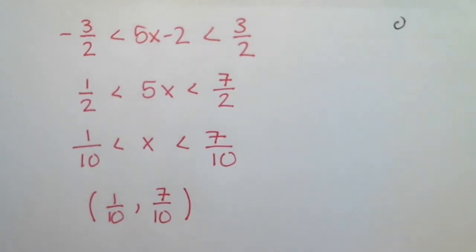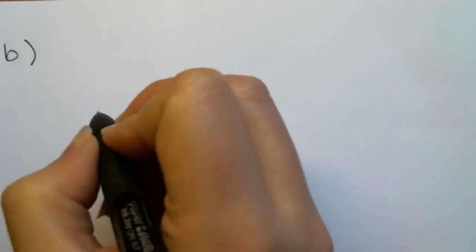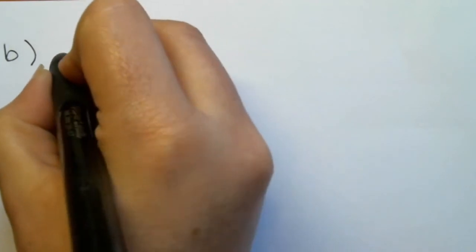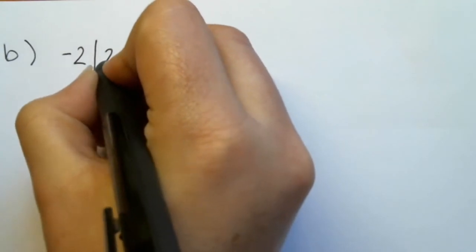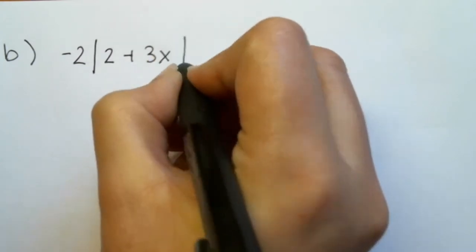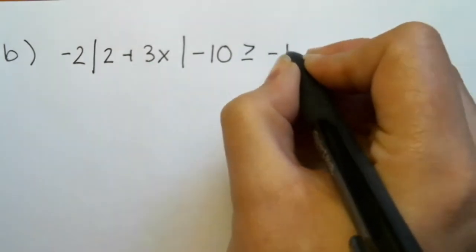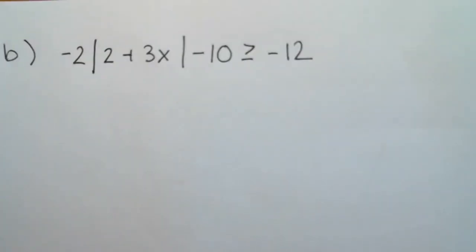All right, let's do one more example like this. Okay, so the first thing I'm going to do is isolate the absolute value.